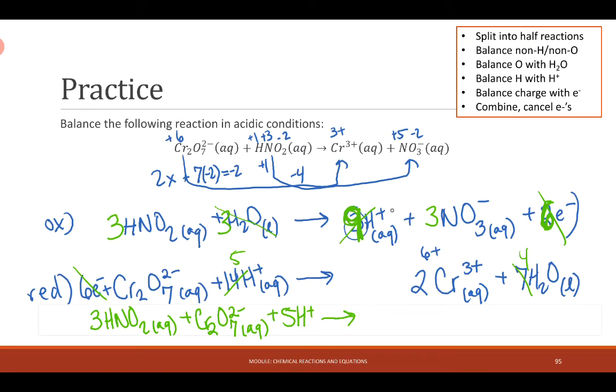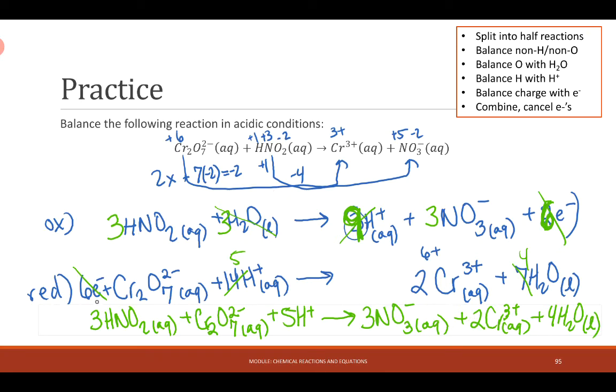And then that canceled out, so I'll be left with 3 nitrates, 2 chromiums, and 4 H2O. And so let's make sure this is balanced.